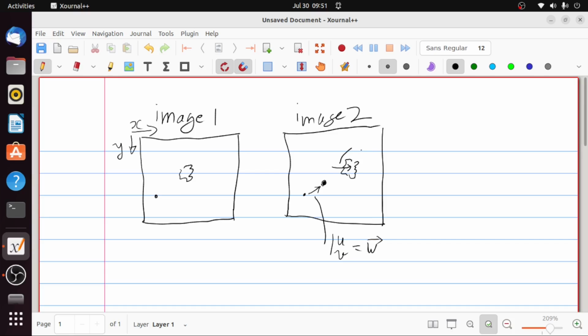In stereo that would be just the U, and you would call it disparity. That kind of explains the terms used.